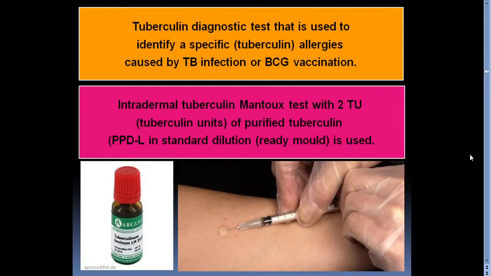Tuberculin is a diagnostic test that is used to identify a specific tuberculin allergy caused by TB infection or BCG vaccination.